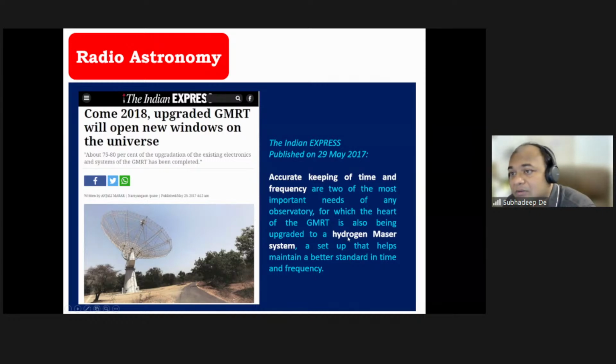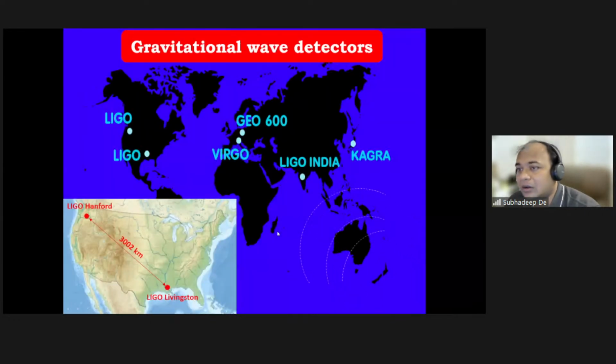So they brought a hydrogen maser, which is an atomic clock, in 2018 or so, and they upgraded the capability of the GMRT using this atomic clock technique, a setup that helps to maintain a better standard in time and frequency. So that was a news article from GMRT, and that is what they have done for enhancement of GMRT's capability.